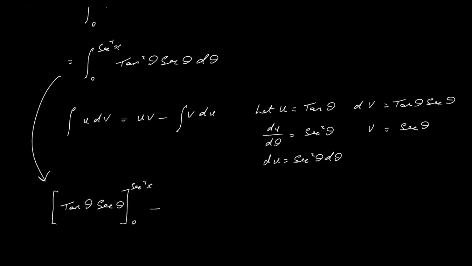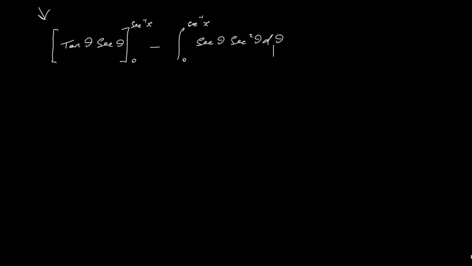And then we've got to subtract the integral, again from 0 to sec inverse x of v du. Well, we've got sec theta is the v, and then the du is sec squared theta d theta. Okay, so this is our substituted integration by parts.